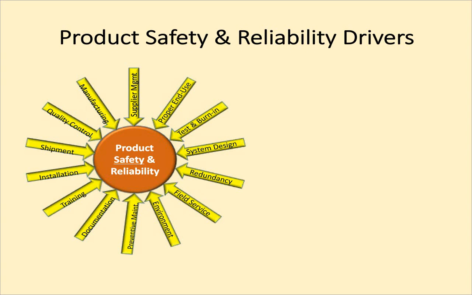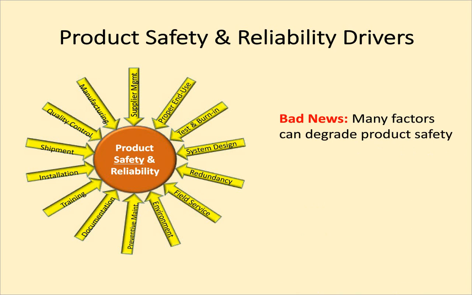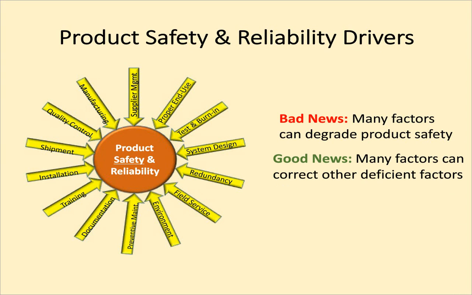These are certainly not all factors, but the bad news is that there really are a lot of factors that can degrade product safety and reliability. The good news is that there are subsequent factors that can correct the other deficient factors.